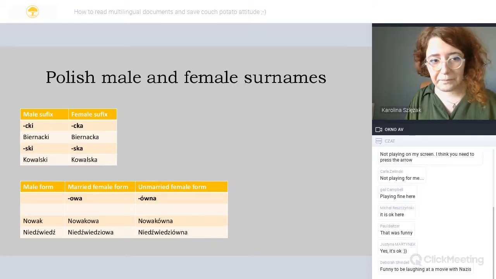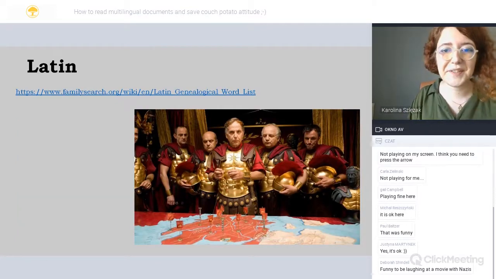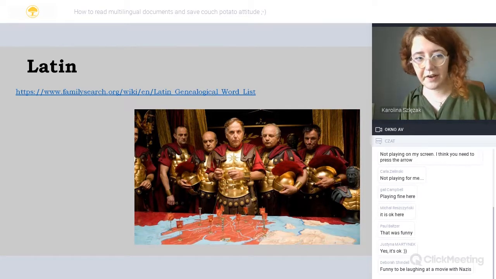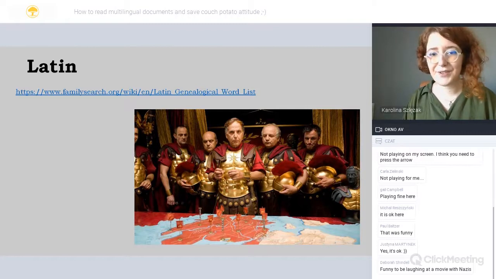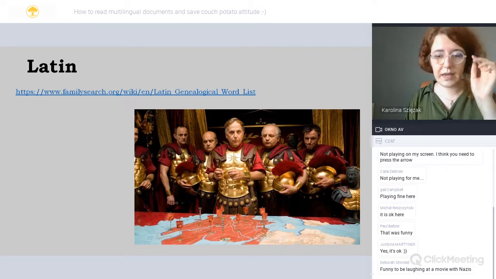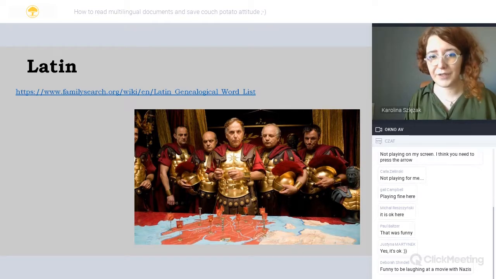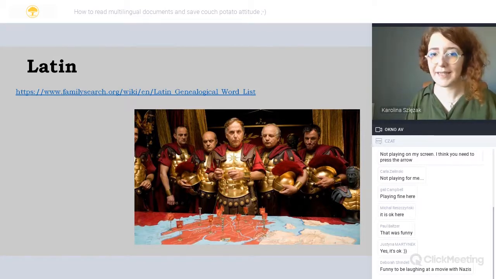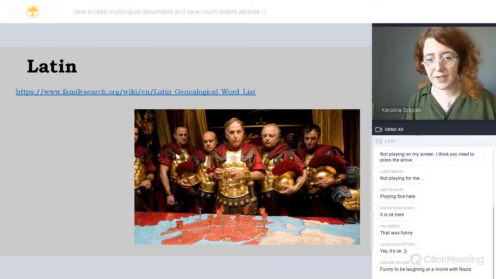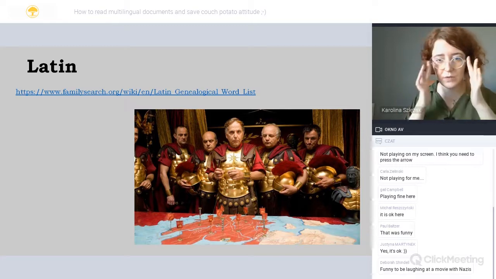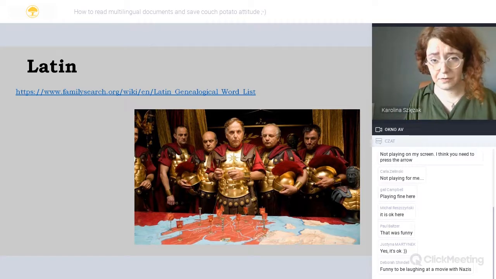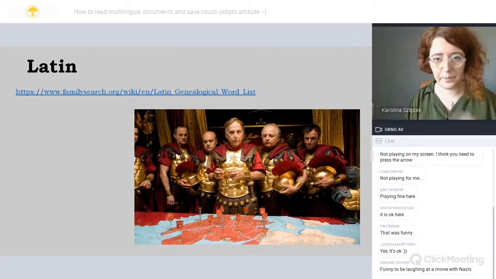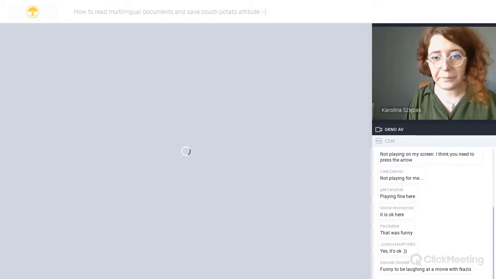So here we go with information on Polish records, and here just a link to Latin, because Latin is the language used mostly in older Polish metrical records, like 18th century and 19th century in Galicia, and at the beginning of the 19th century the language was changed to Polish and to German, depending on the place we are speaking of.